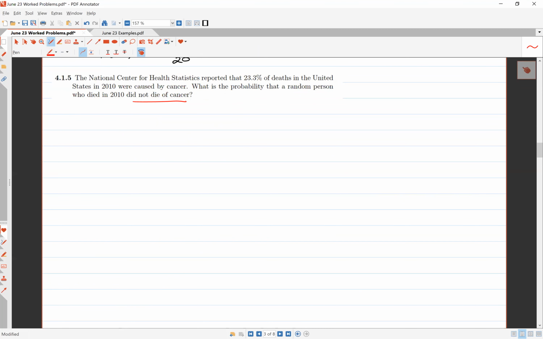So here we're dealing with an example of a complement. Our event E is that someone died of cancer. That's what we're given the information for, right? We are being told the probability that someone died of cancer, that 23.3%. As a decimal, I can express that as 0.233.